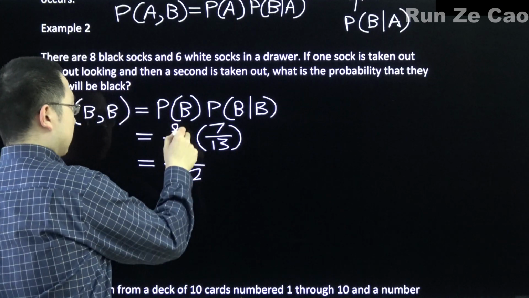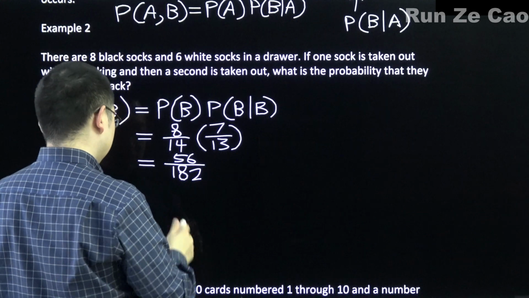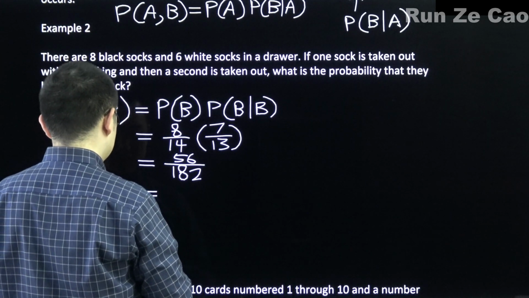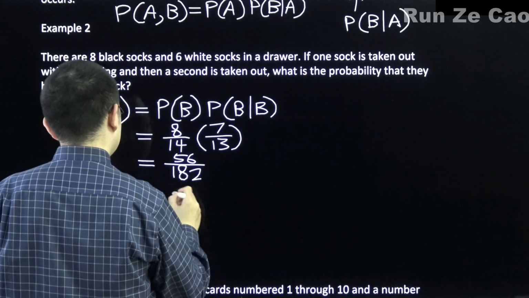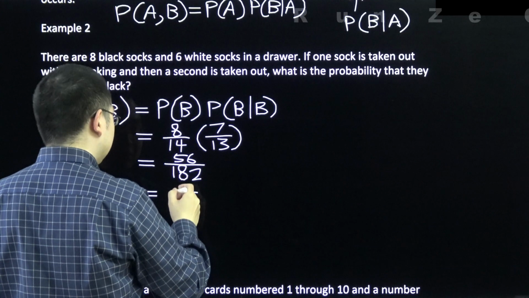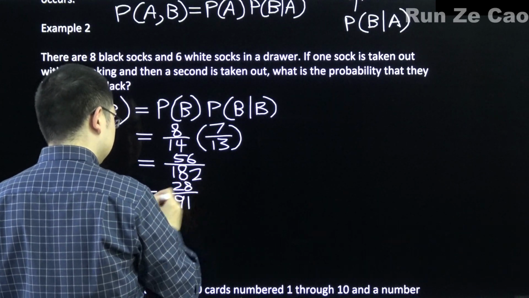Maybe we should have canceled out 2's beforehand. Oh well. And on top we would be left with 4 times 7, which would be 28.